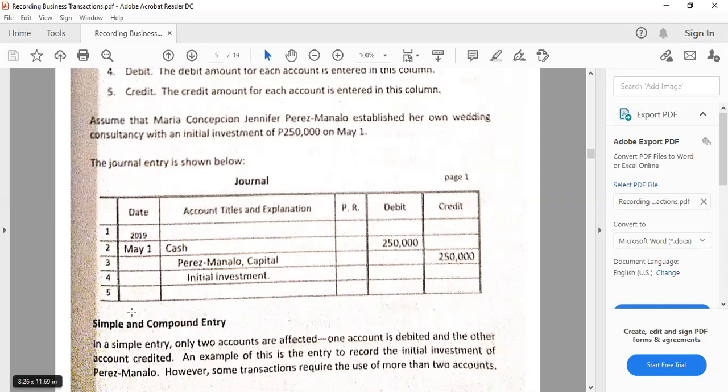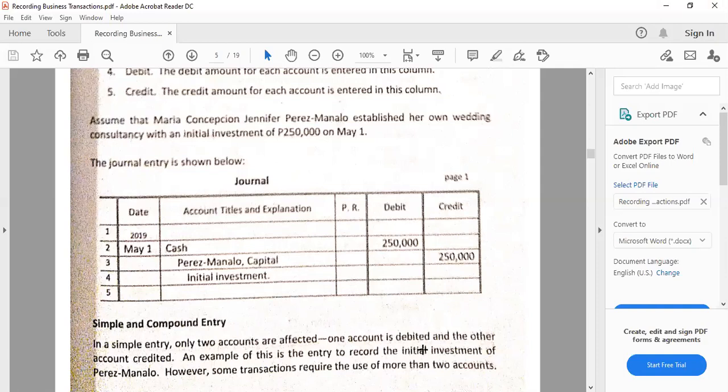Going back, when can we repeat the month? We repeat it if this is the next page or if it is already another month, let's say June. However, normally for cleanliness purposes and so that we can present our records properly, if this is the next month, we go to the next page. It's cheap anyway. How much does it cost just to leave a page for the next month?